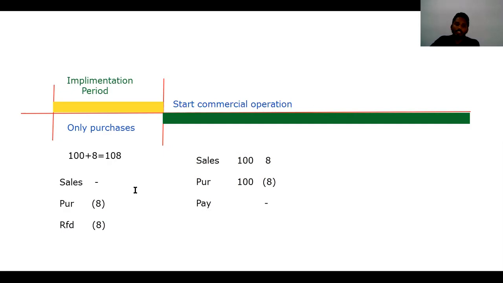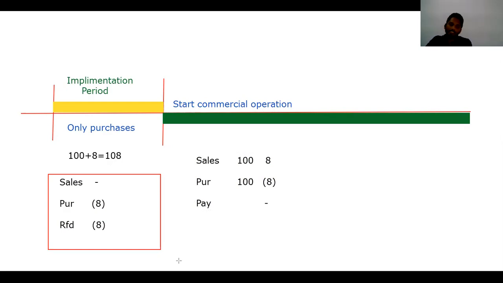Right? Then this period is very important for you, because in this period they need to register for SVAT. Otherwise they have to incur VAT cost, because if they are not registered then that 8 million will be a cost for them.